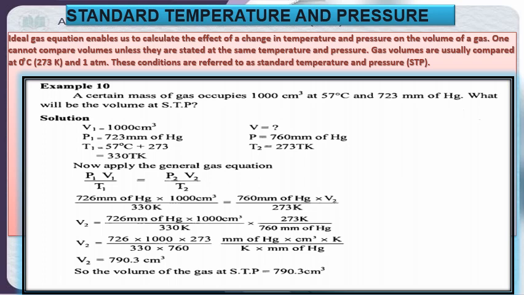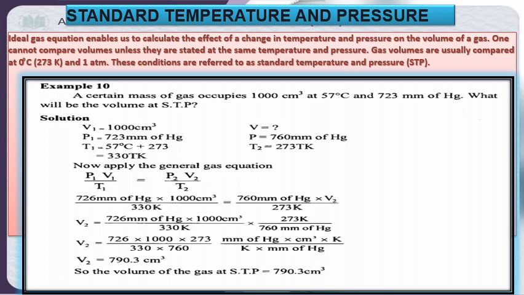By using this, we have to solve example number 10. Look at this carefully. A certain mass of gas occupies 1000 cm³ at 57 degrees centigrade and 723 mm of Hg.